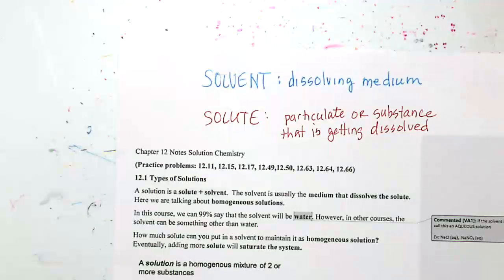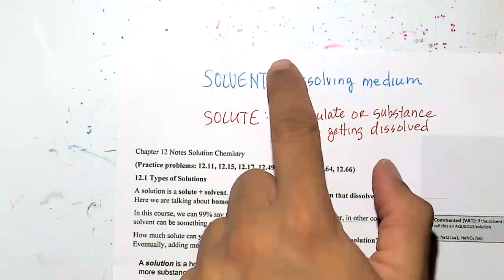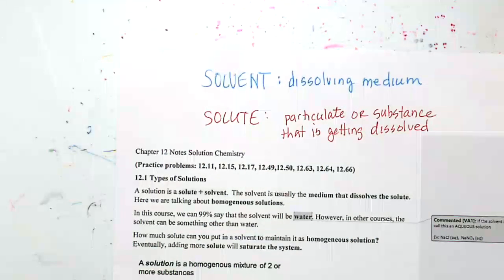Okay, we're going to call this a solution. Okay, solution. So solution is equal to solute plus solvent. As long as it's dissolved, you have a solution. Solution is equal to solute plus solvent.